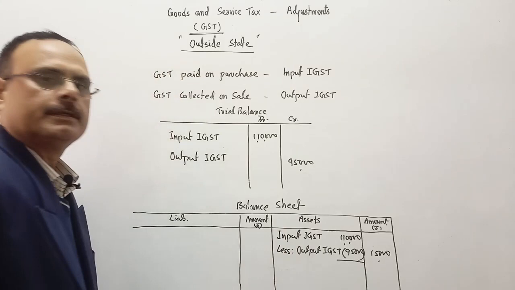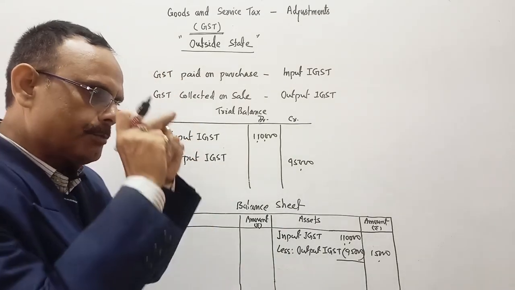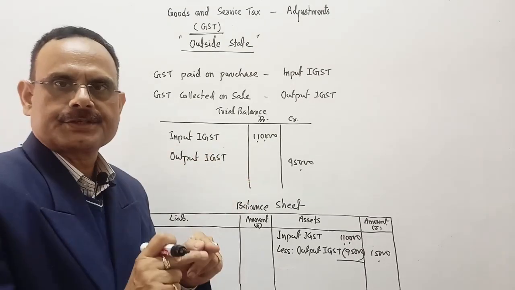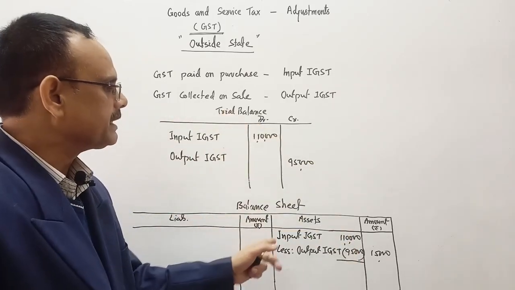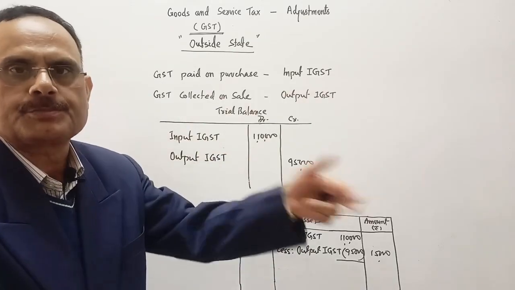Is it clear? So when the input IGST is more, means you have paid more IGST and you have collected less IGST, so prepaid IGST will be shown on the asset side just like prepaid expenses, payment in advance.